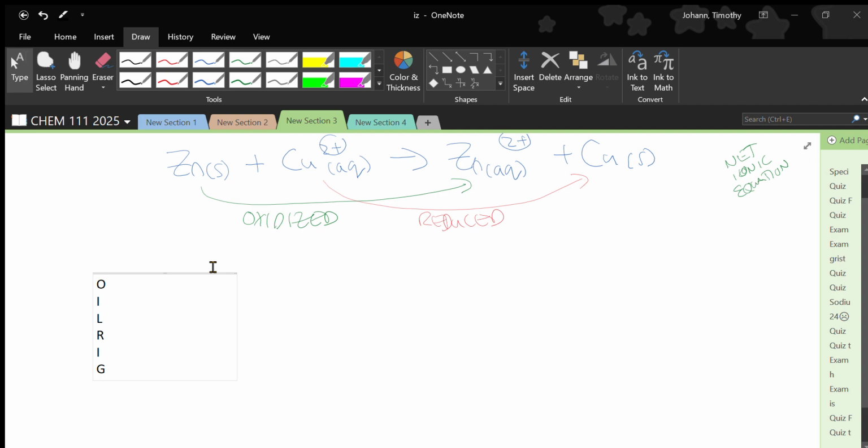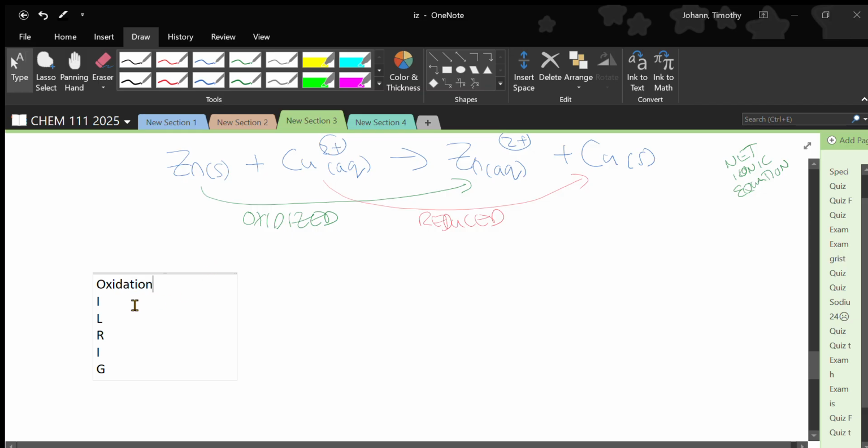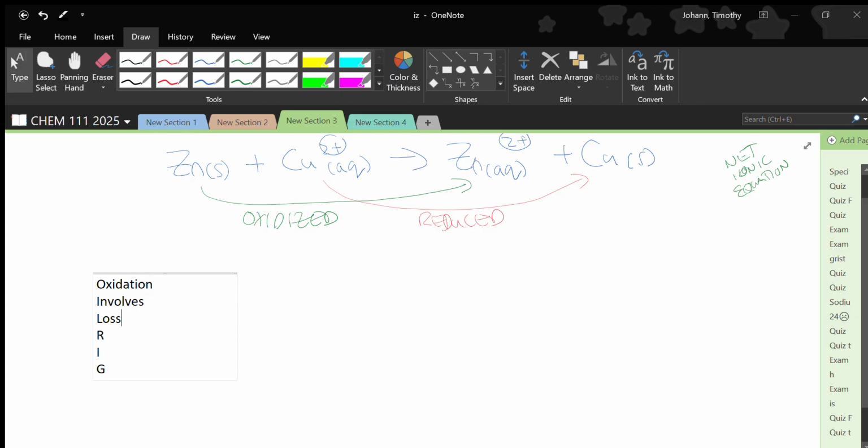Oxidation involves loss of electrons. Reduction involves, whoops, gain of electrons.